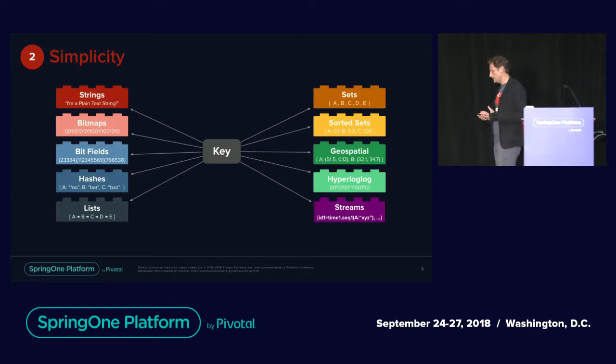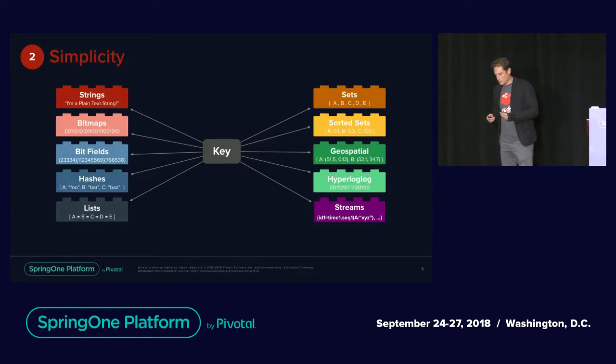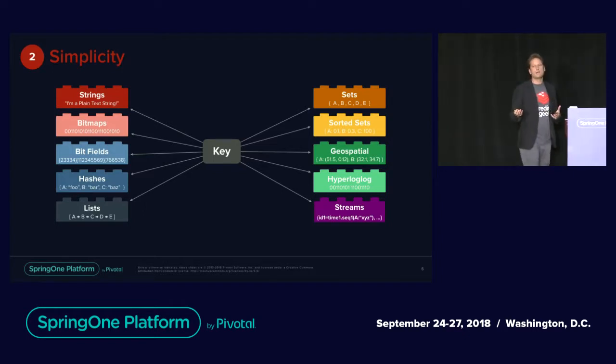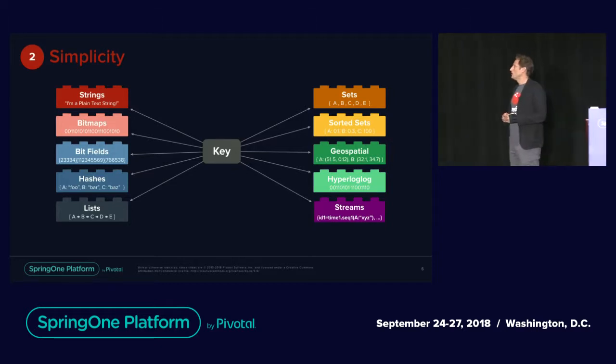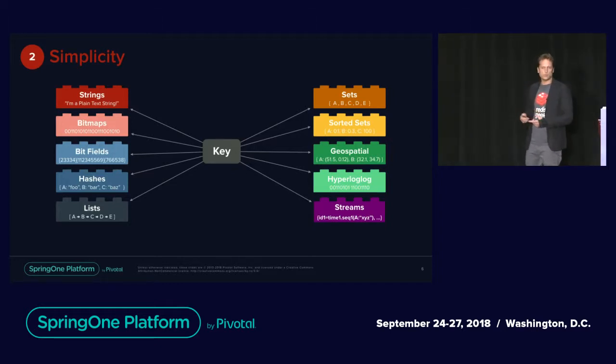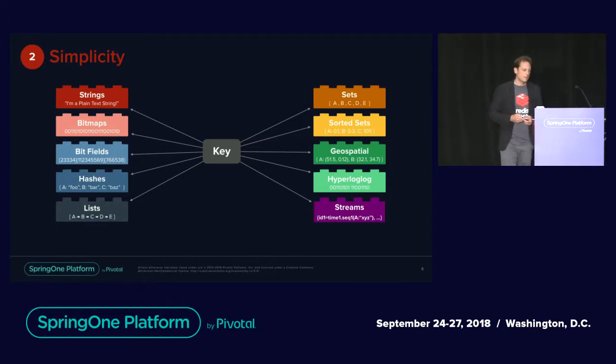Streams are similar to what you would do in Kafka. You have the notion of messages with a timestamp, and you can first store them in Redis and query them. So you have the notion of topics and consumer groups like you have in Kafka. The main difference here is that this is memory-based.